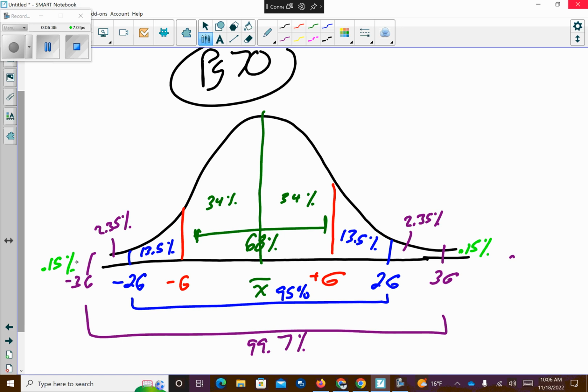On page 71, they have some test scores. We could plug them into the calculator, as long as we make our rectangles appropriate, and find that the mean is 69.8 and the standard deviation is 13.6.